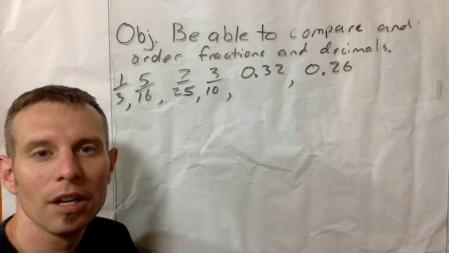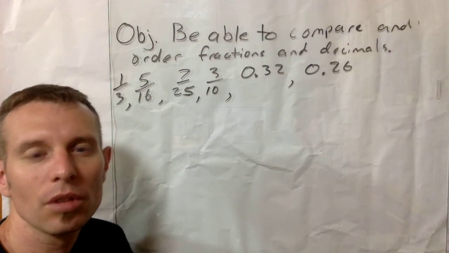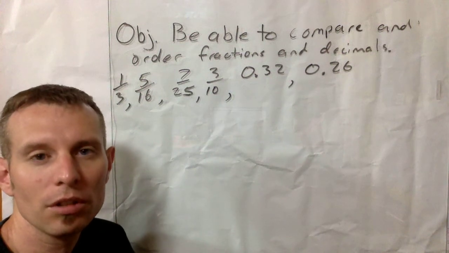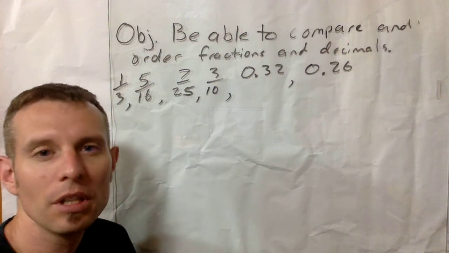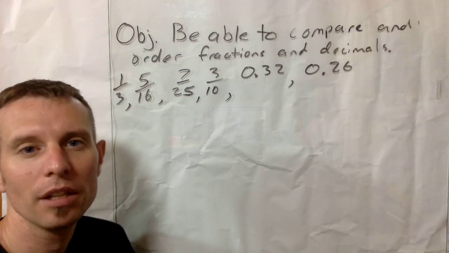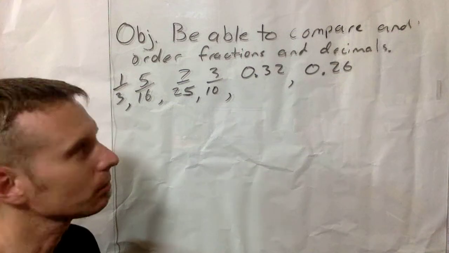And so I think the easiest way to do this is to put everything into decimals, even the fractions. Convert them into decimals, and then it'll be very easy to order those when they're all in the same form.